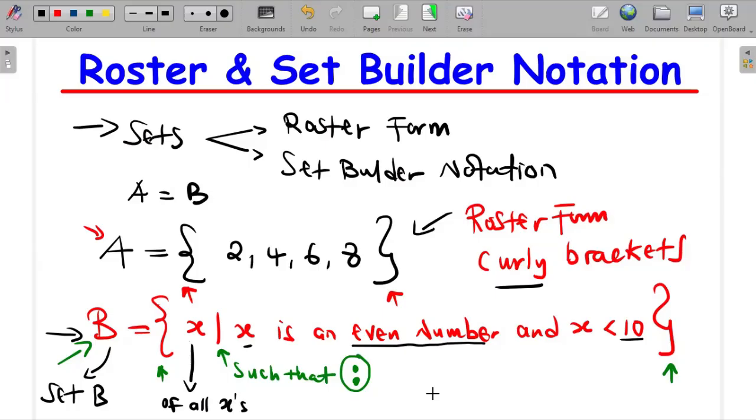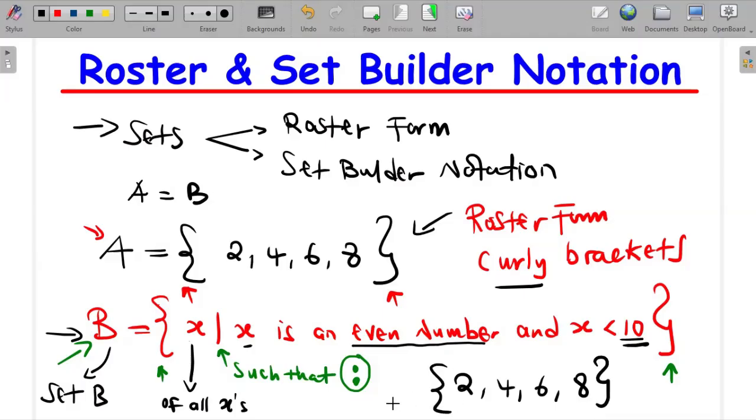Those are even numbers. But here there's another limit that tells us that the even number I put in this set B should be less than 10. So how many even numbers are less than 10? They're the ones you're going to list. 2 is an even number, it's less than 10. 4 is an even number. 6 is an even number. 8 is an even number. I can't write 10 here because they said this even number should be less than 10, so I just end there.